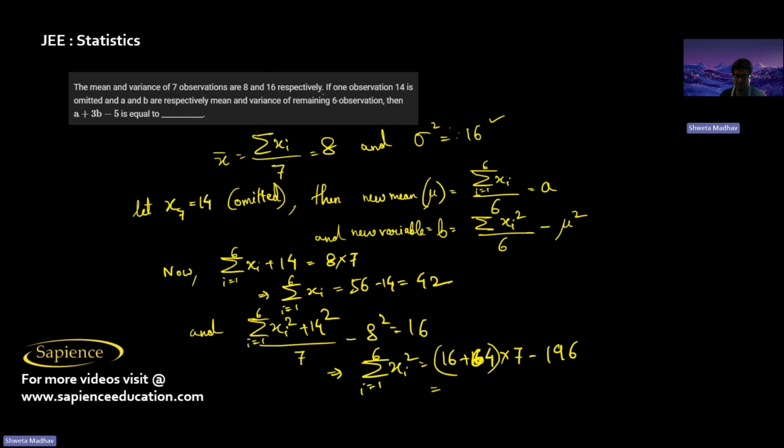So 16 plus 64 is 80, 80 into 7 is 560, 560 minus 196. So 560 minus 200 is 360, plus 4, that is 364.